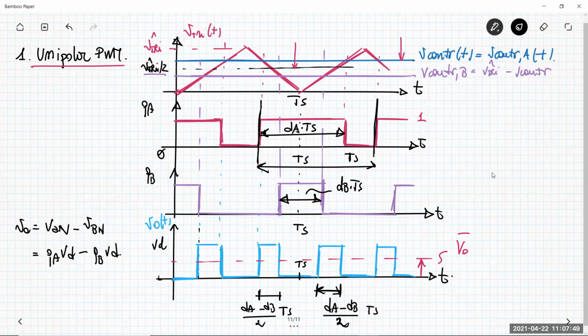Basically, my graph is not exactly precise, but anyway, if you look, you can see that dB is exactly 1 minus dA.